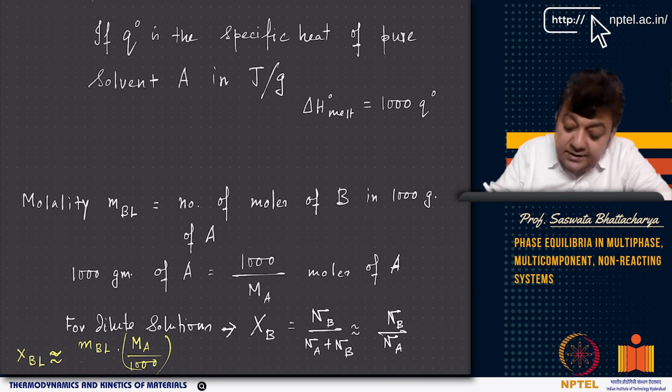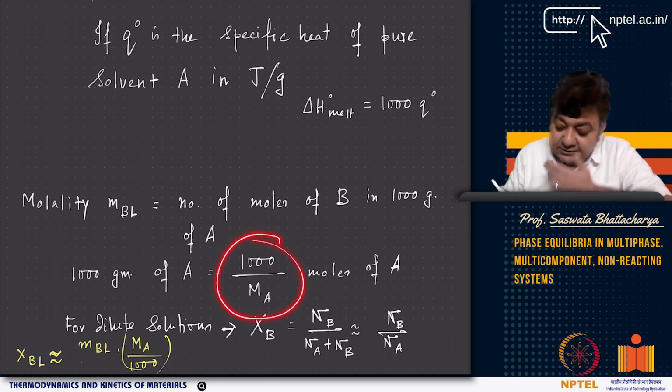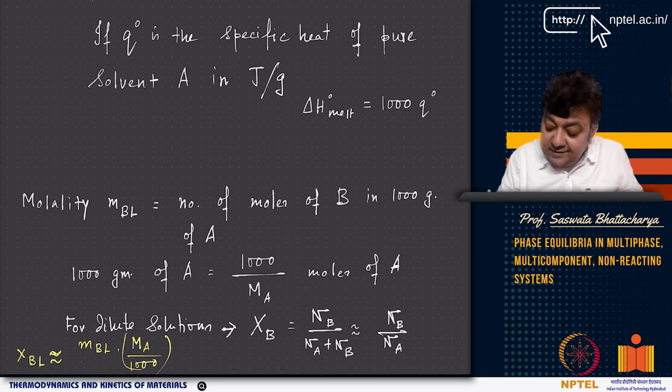You have 1000 by Ma moles of A contained in 1000 grams of the solvent.